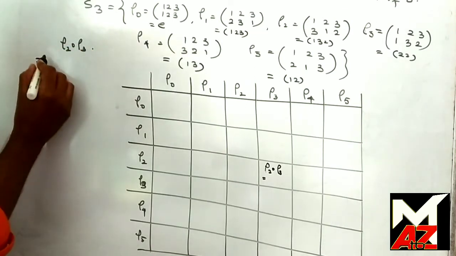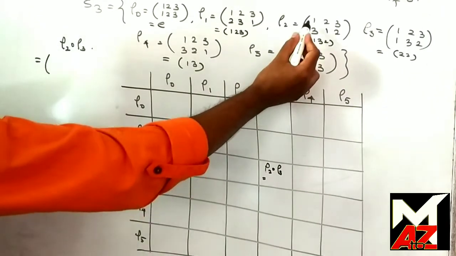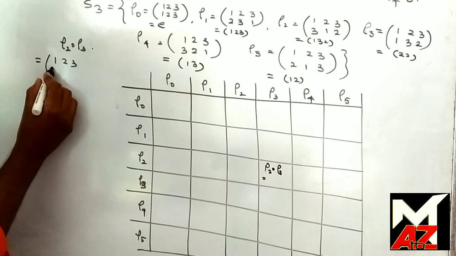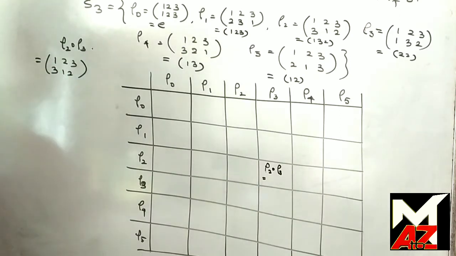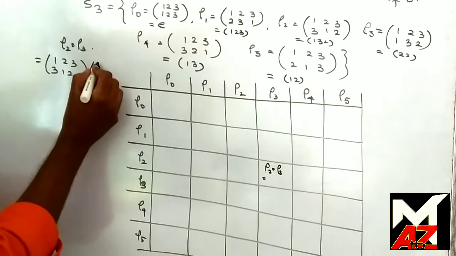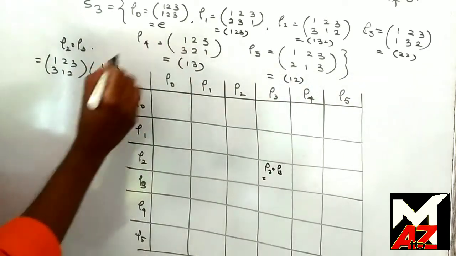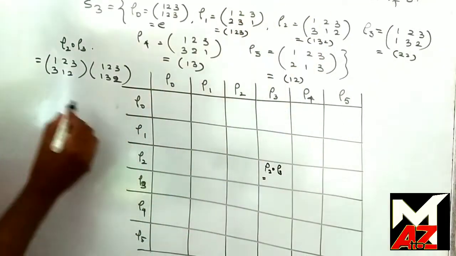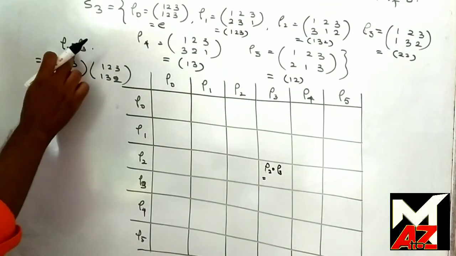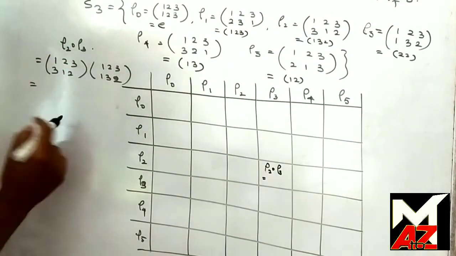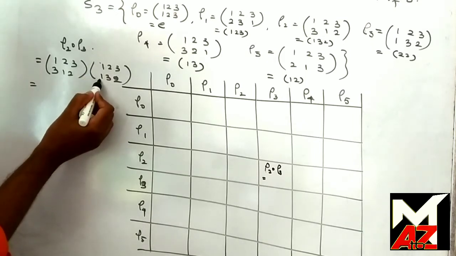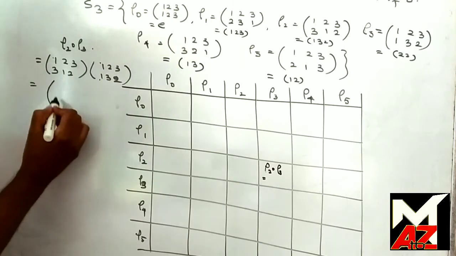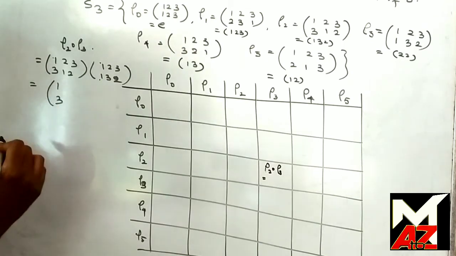Row 2 means here we write 1, 2, 3 and 3, 1, 2. And row 3 means 1, 2, 3, 1, 3, 2. We compose these two elements: 1 goes to 1 and 1 goes to 3, that is 1 goes to 3 directly. So here we write 1 to 3.